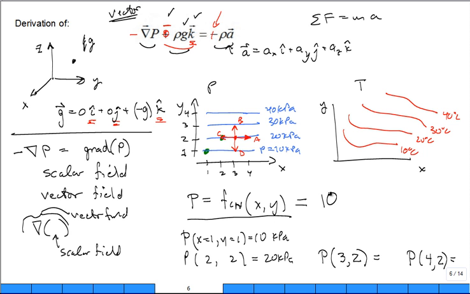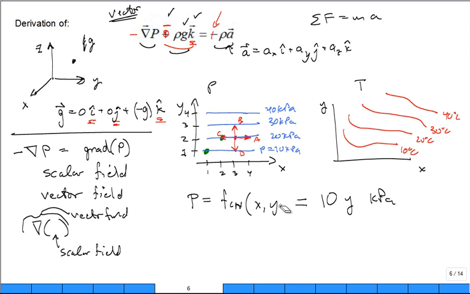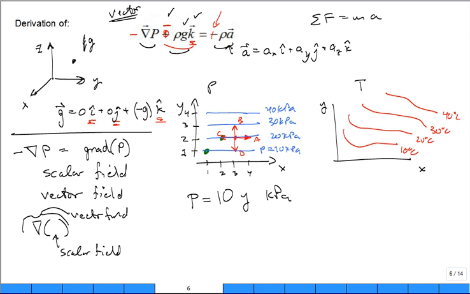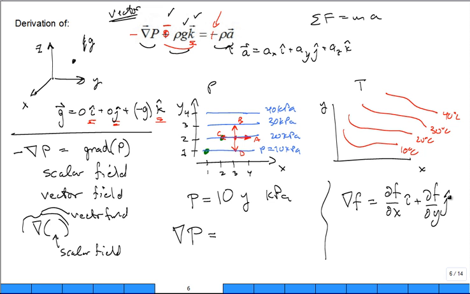So is it 10 times y kPa? Let me even erase that, and let's see if I can do this. Grab it and scoot it over. Okay, now the next one is the gradient of pressure. Somebody remembers, oh, I recall the gradient of F is equal to the partial of F with respect to x i plus the partial of F with respect to y j, and I left out, not enough room, the partial of F with respect to z k.